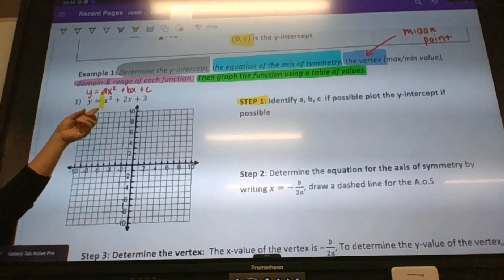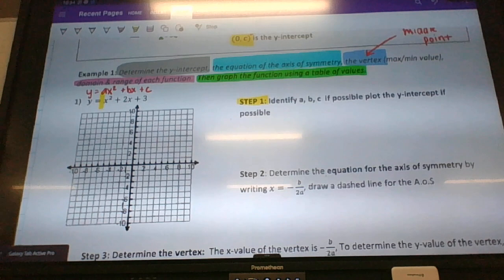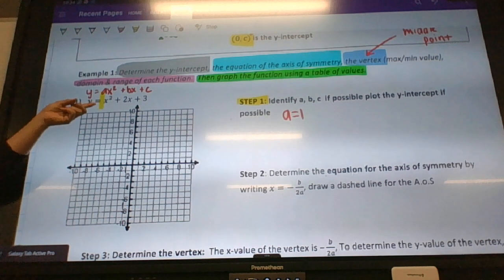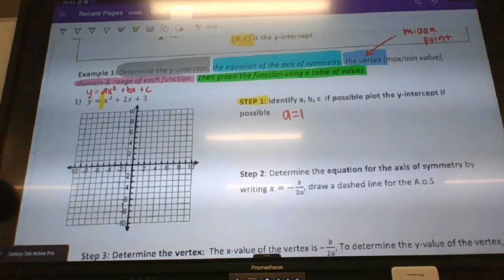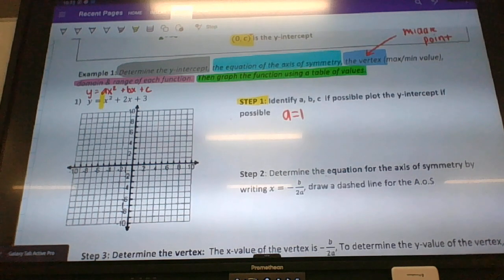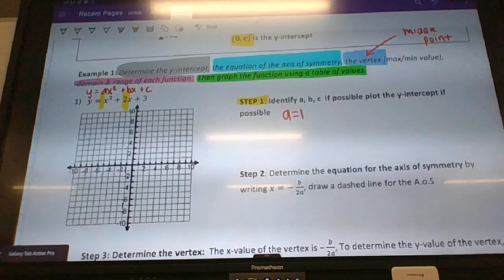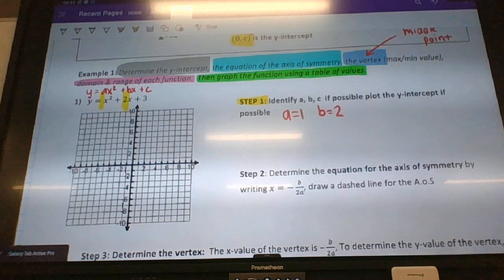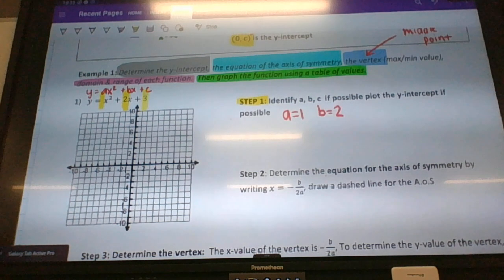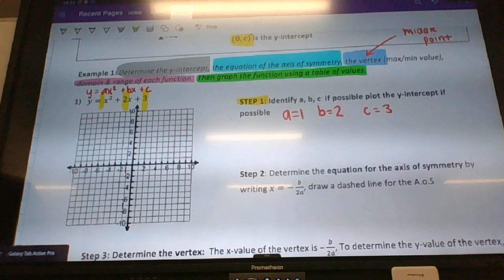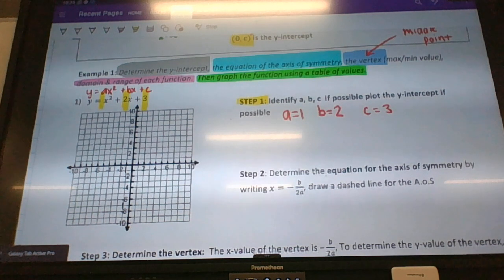This time we don't see anything, so it must be an invisible 1. A is 1 for this equation. We'll get more complicated here as you move on. B, in the B spot, we see a 2. B is 2. And in the C spot, we see a 3. C is 3. 1, 2, 3. Nice.